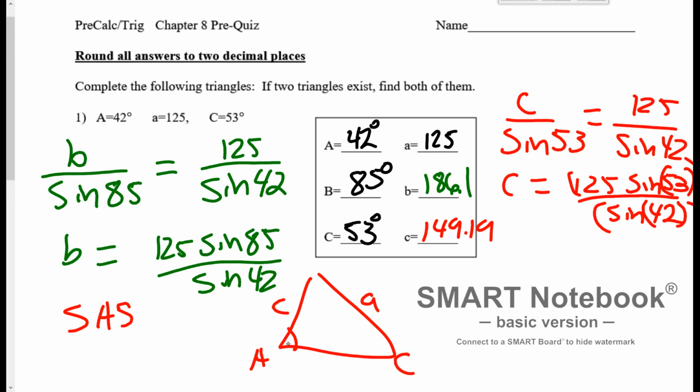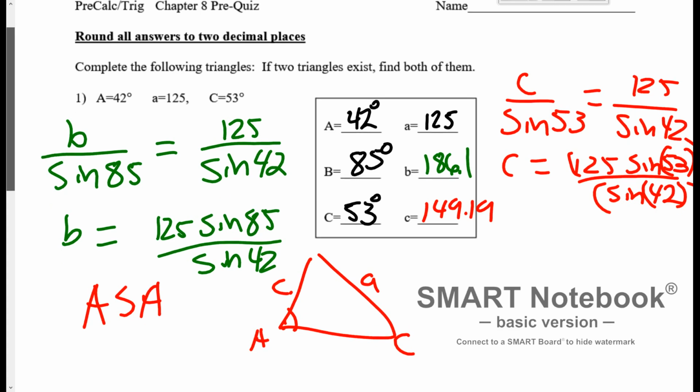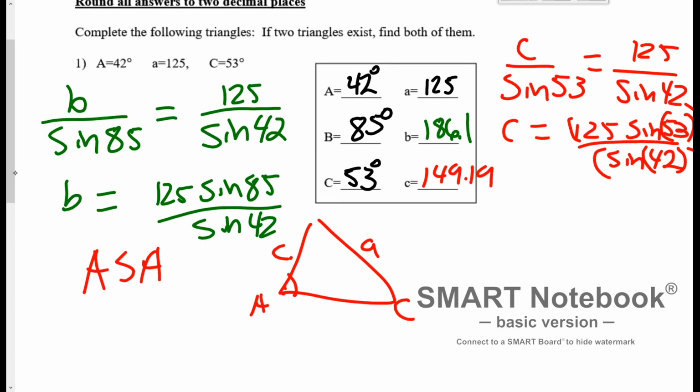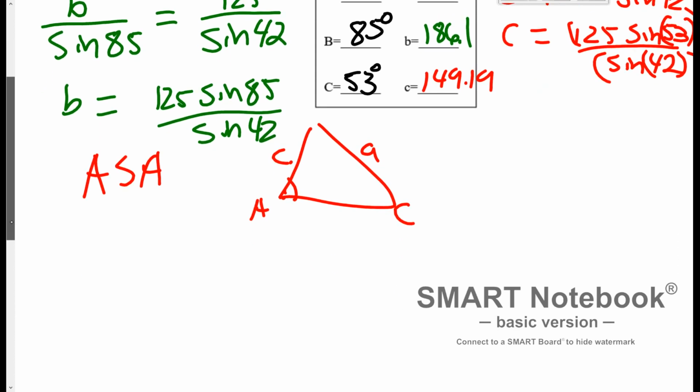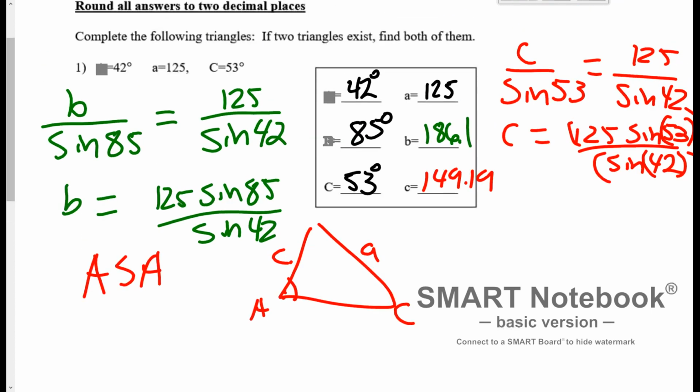So we're given two angles. Sorry, I'm killing myself. Angle, side, angle. So that one's okay, there's no test there. In your book, you can find out what type of triangle you're trying to find, what you're given, and then it'll give the steps to what you need to do.